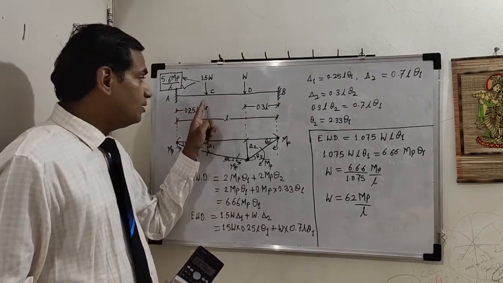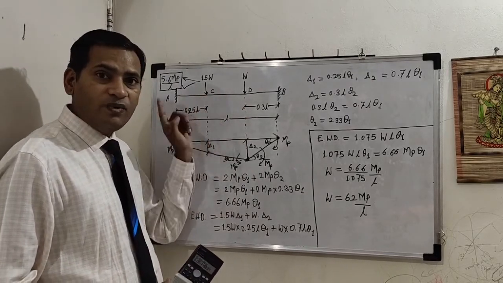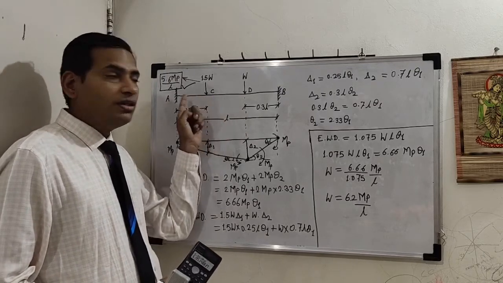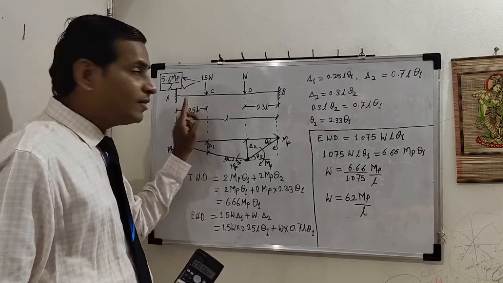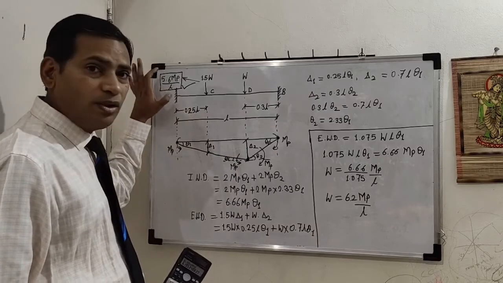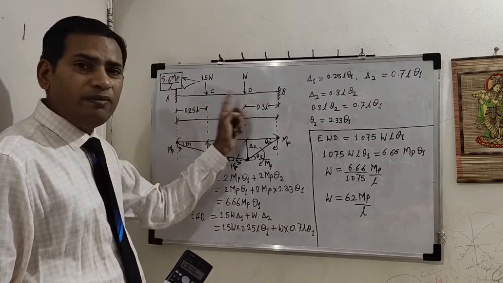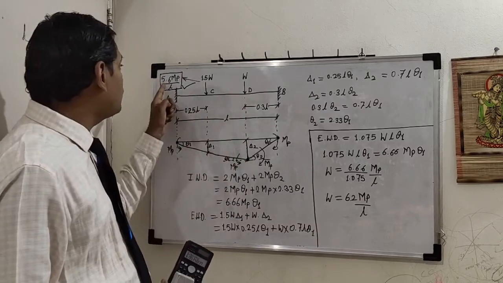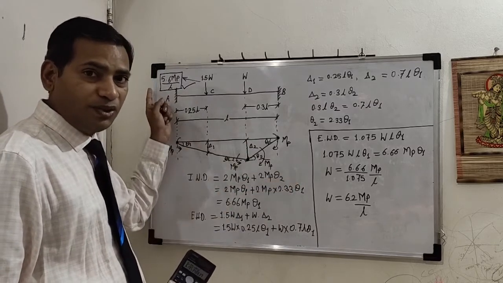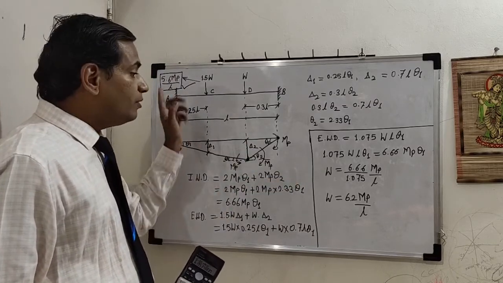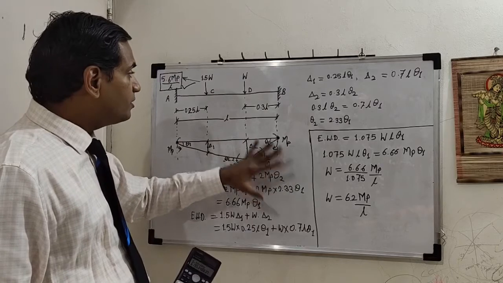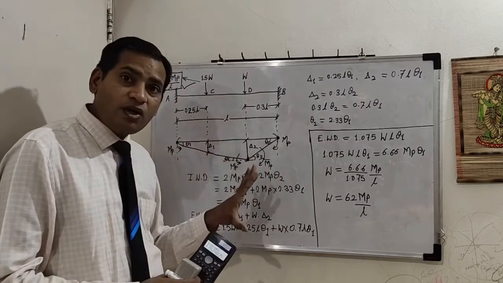So we have to take this possibility. We have to give priority to this case because at the lower value of collapse load, the beam may fail. It need not go up to the higher value. Here also it can fail. But now this has been asked, that you have to find collapse load.